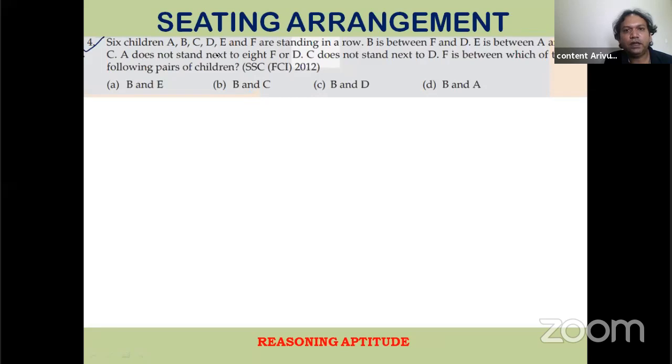Okay, 6 children are there standing in a row. B is between F and D. Start with this. B is between F and D. E is between A and C. And A does not stand next to either F or D. Okay, so it's not A, it's either.